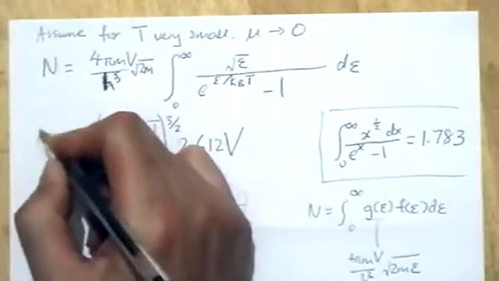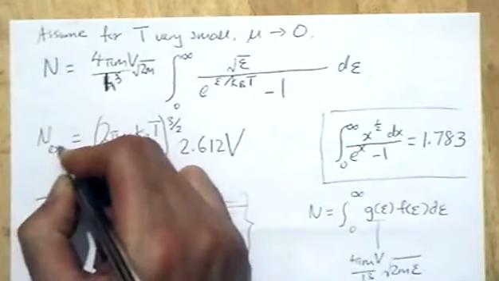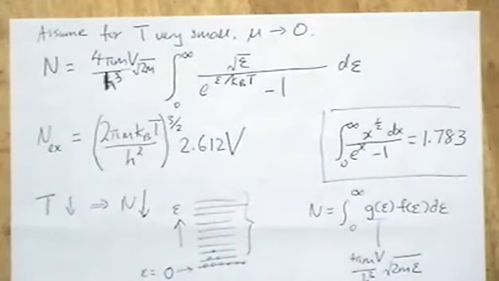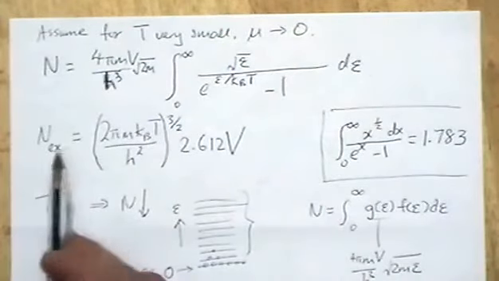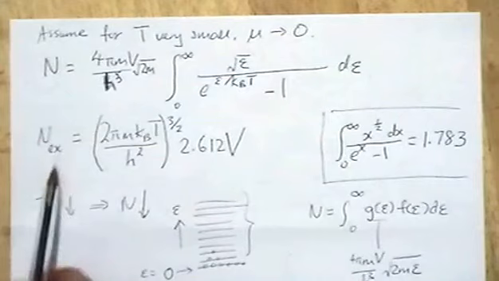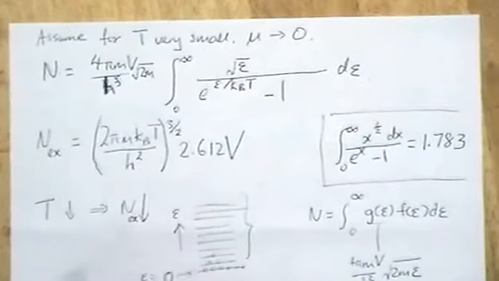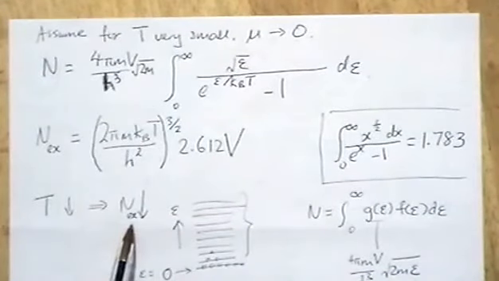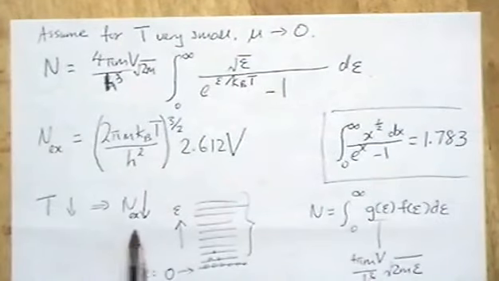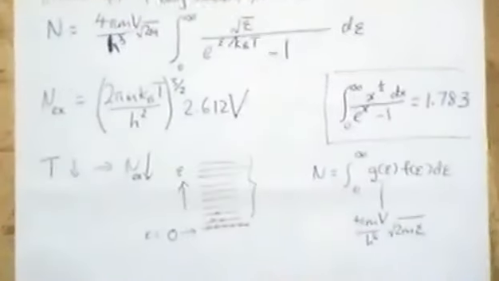So this is often denoted by n with the subscript ex, for excited, just to remind us that it is not really the total number of particles. So it makes sense that as T decreases, the number of atoms that remain excited decreases, simply because they all start going into the ground state.